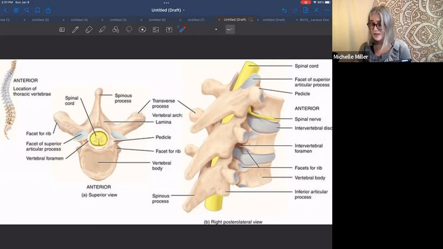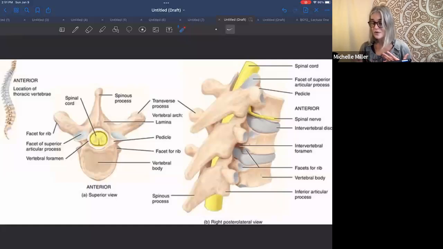And then in between the vertebrae, the bodies of the vertebrae, we have these intervertebral discs. So intervertebral discs are fibrocartilage, and this fibrocartilage can sometimes be squished and damaged. And so if you've heard of somebody having a herniated disc, that is what they're referring to.